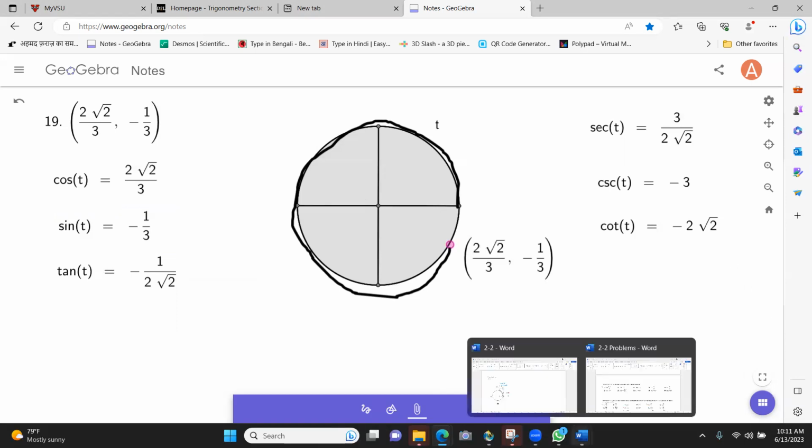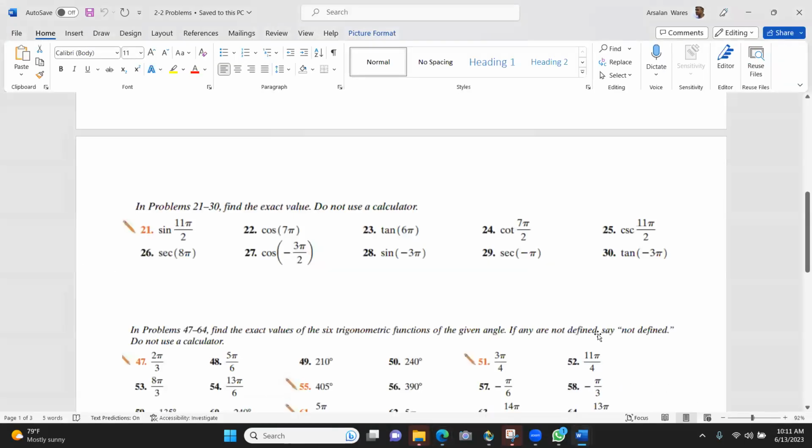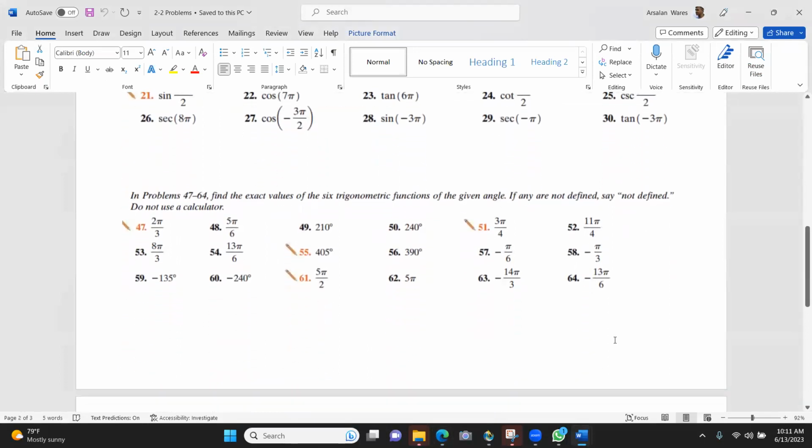All right, let's look at the next cluster. I seriously doubt we can wrap up the whole chapter today. Okay, find the exact values of six trig functions of the given angle. If any are not defined, say not defined.